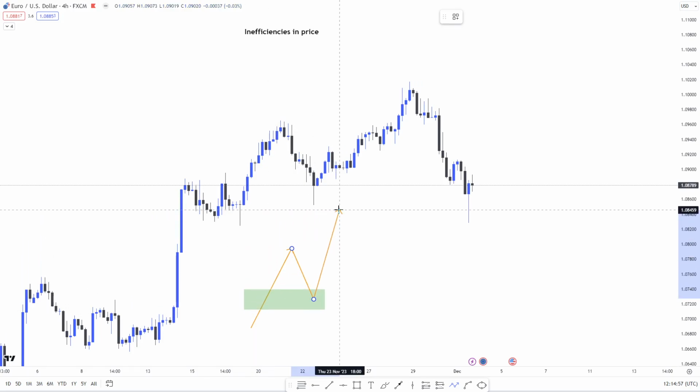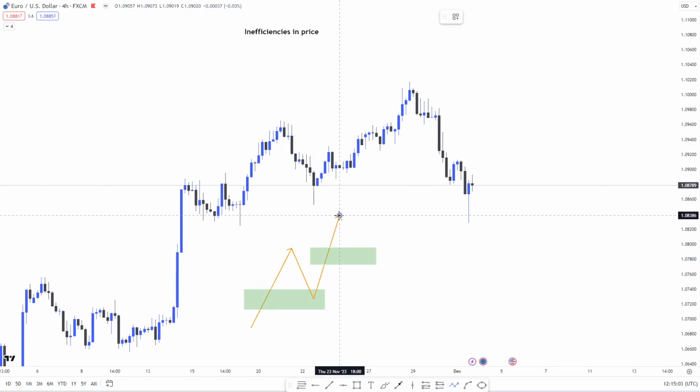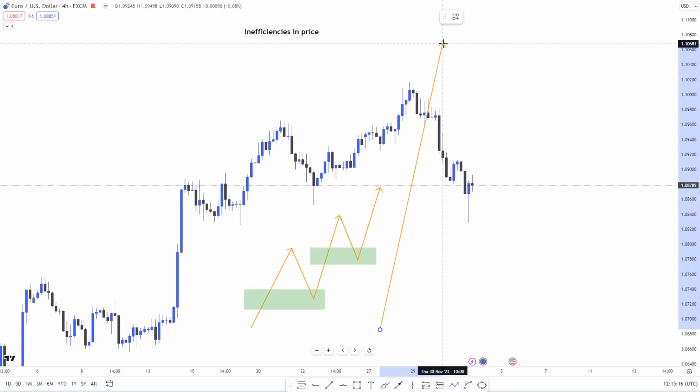And this is a really simple concept because you can see once again here, price will expand. It will leave more areas of inefficient price action. Price will then retrace back into this sell side area or buy side area and then push to the upside again. And that is what allows price to expand. You will never see a situation where price will just expand forever.